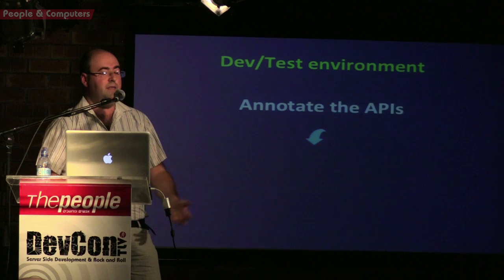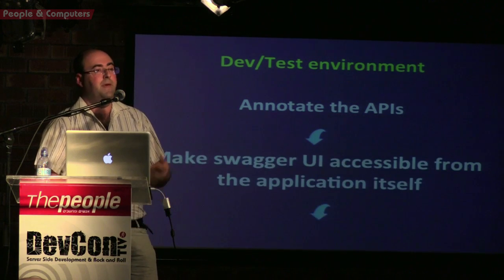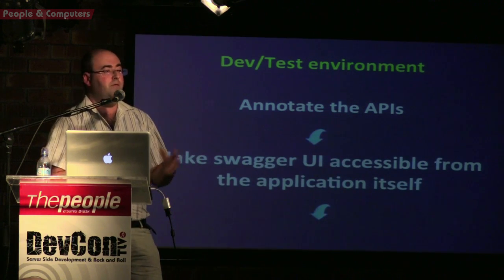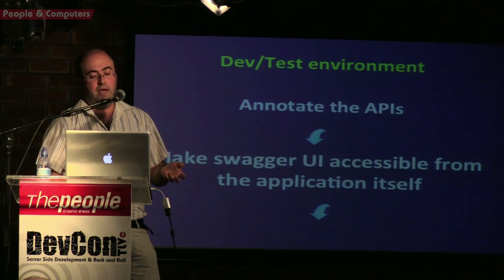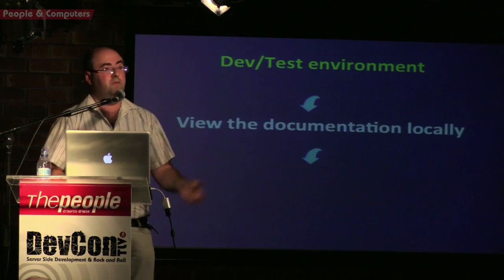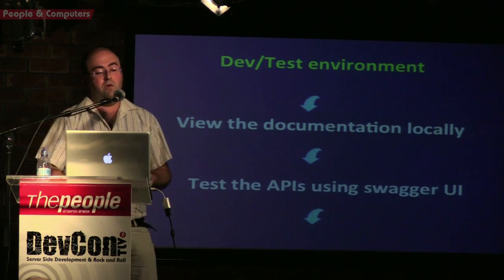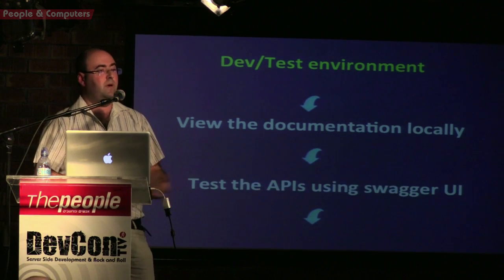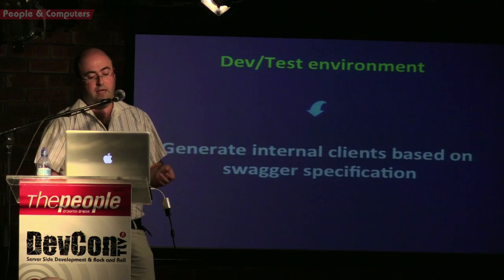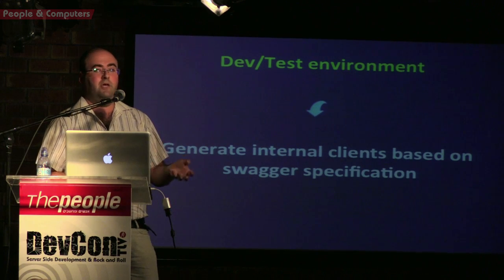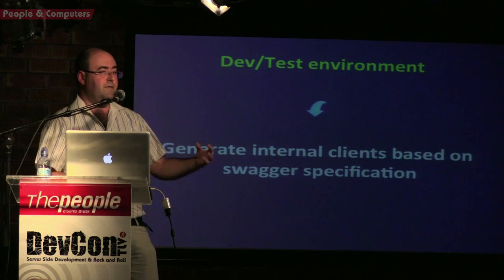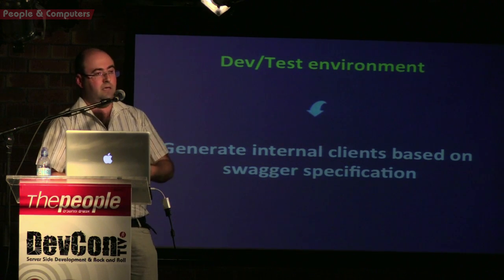Go ahead, annotate the APIs, and make Swagger UI accessible from the application itself. It is very useful in development and test environments because you can view the documentation. You can test the API with the Swagger UI in place. And if, as I mentioned previously, you use a service-oriented architecture, you can generate the internal clients for the same services that play a client-side role.